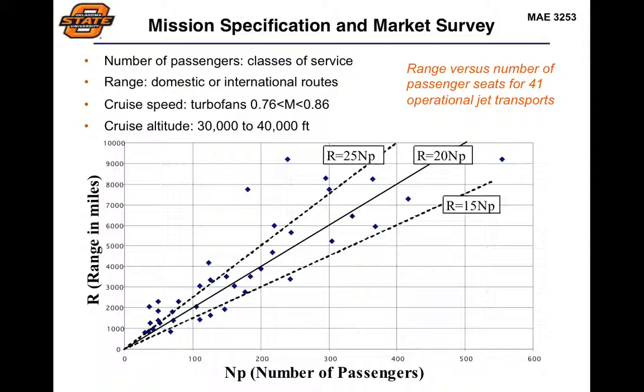Now, for this benchmarking, I do encourage you to go back and look at these mission-specific, market survey-driven types of things. The more data you get, the better. Hopefully these will be able to tell you some trends that you have. You sometimes may have to make engineering decisions about, well, which line do we actually want to fall on, when I have a lot of scattered data.